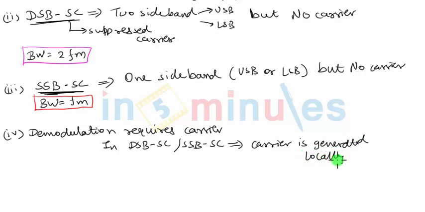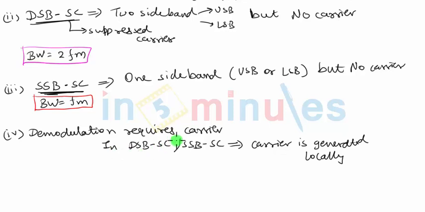Locally means on the receiver side, there will be a local oscillator which will generate the carrier signal at the same frequency and phase which the original carrier on the transmitter side had. And that carrier will be used in the process of demodulation.